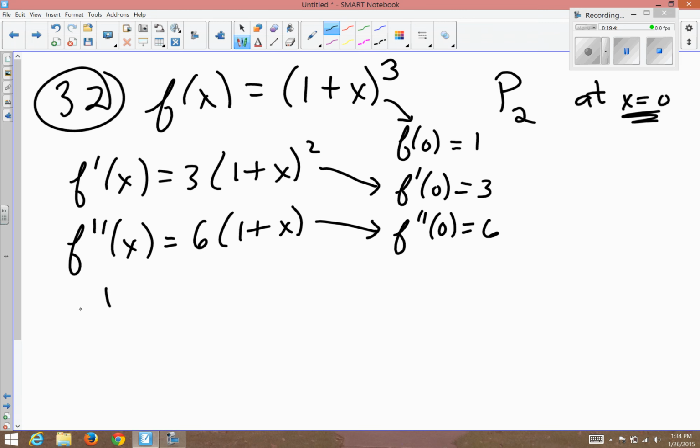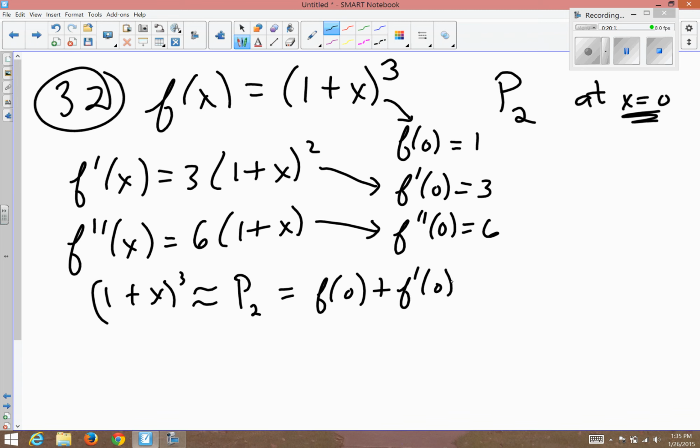So 1 plus x raised to the third power can be approximated with a Taylor polynomial of degree 2. The polynomial of degree 2 means f of 0 plus f prime of 0 times x to the first over 1 factorial plus the second derivative evaluated at 0 times x to the second over 2 factorial.